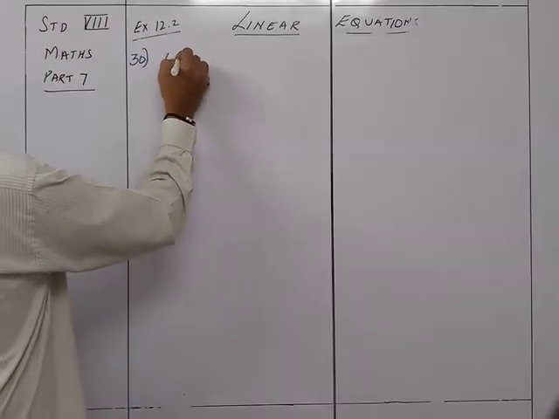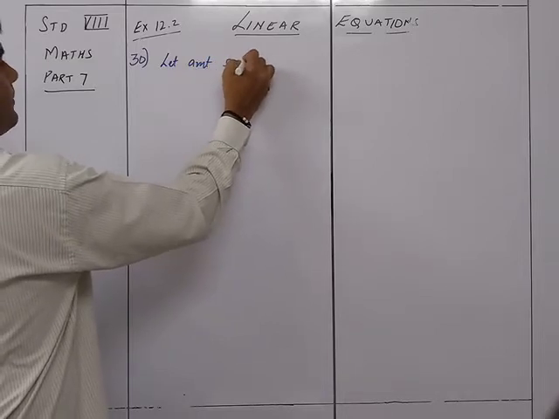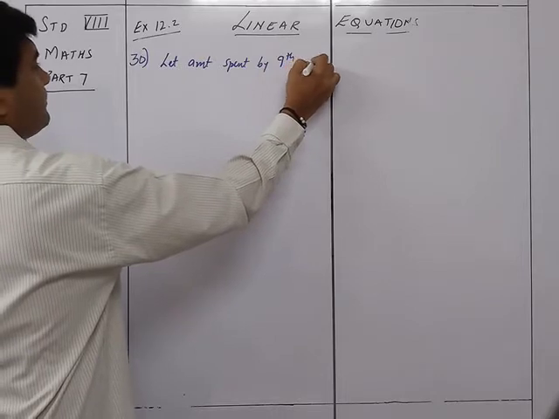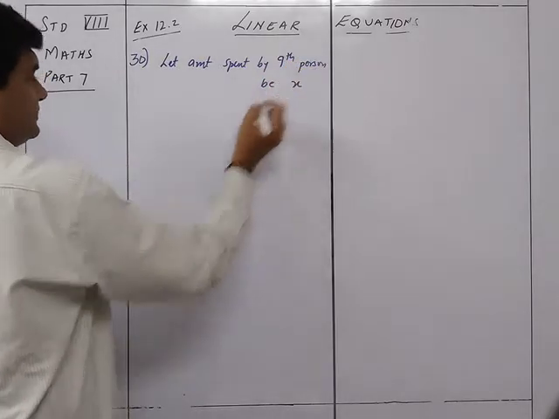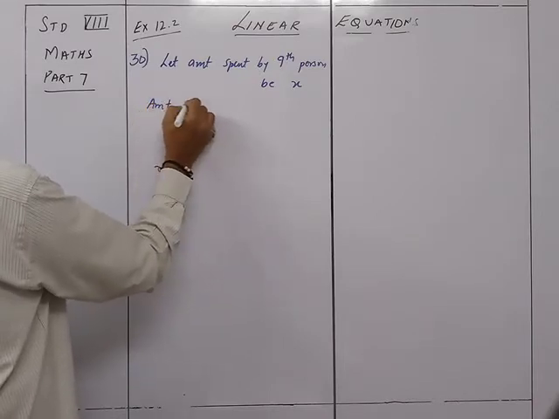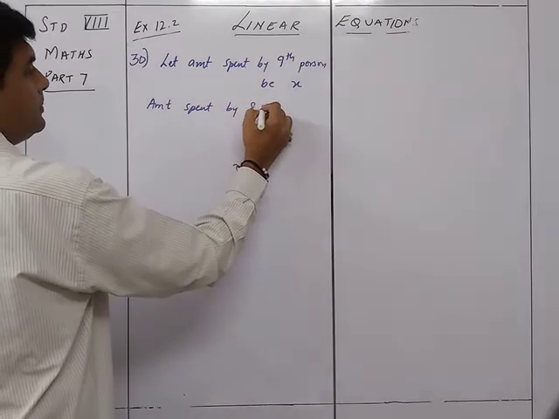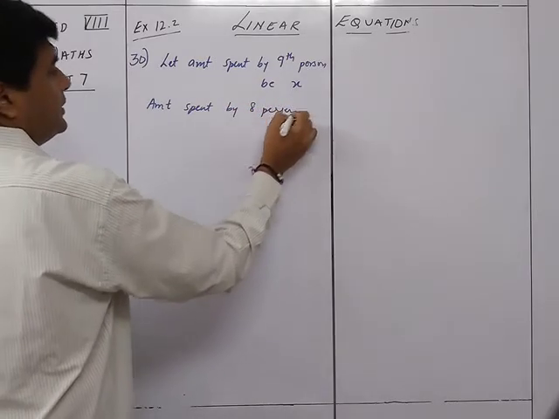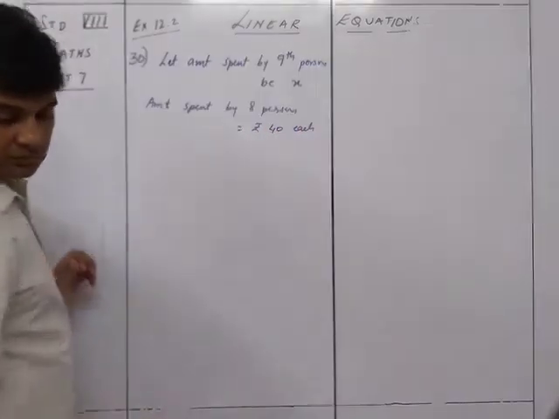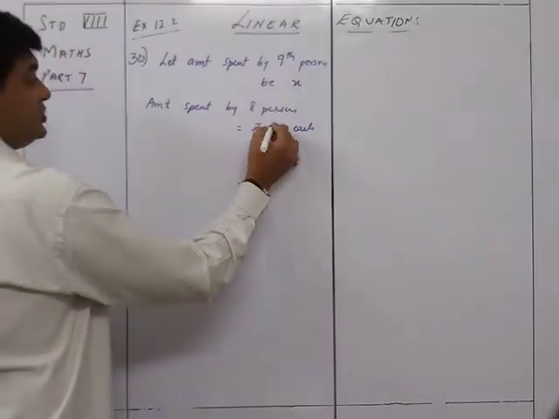Let the amount spent by the 9th person be x. Amount spent by each of the 8 persons is rupees 60 each.